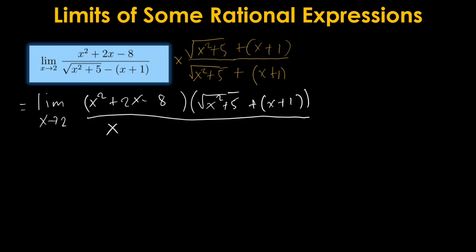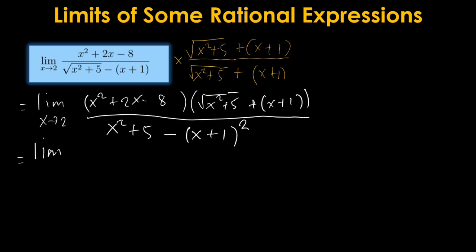This will become x squared plus 5 minus, multiply the second terms to this one. So this will become x plus 1 squared. We'll simplify it more.